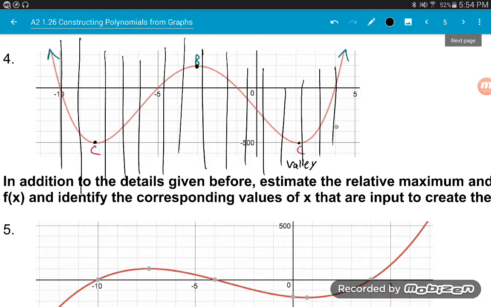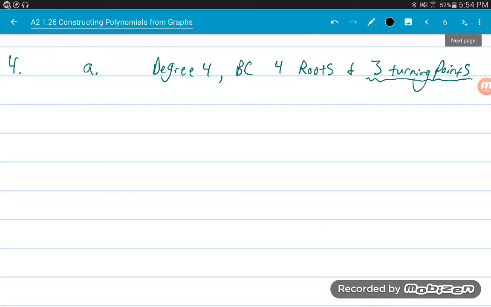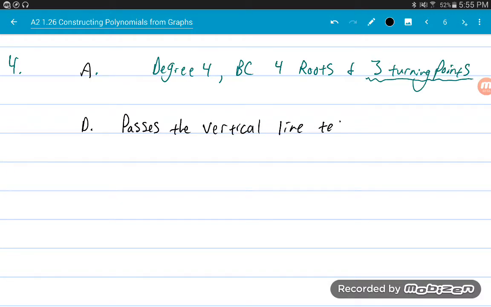So since it passes the vertical line test, it's a function. If you want to learn more about the vertical line test, just Google it.